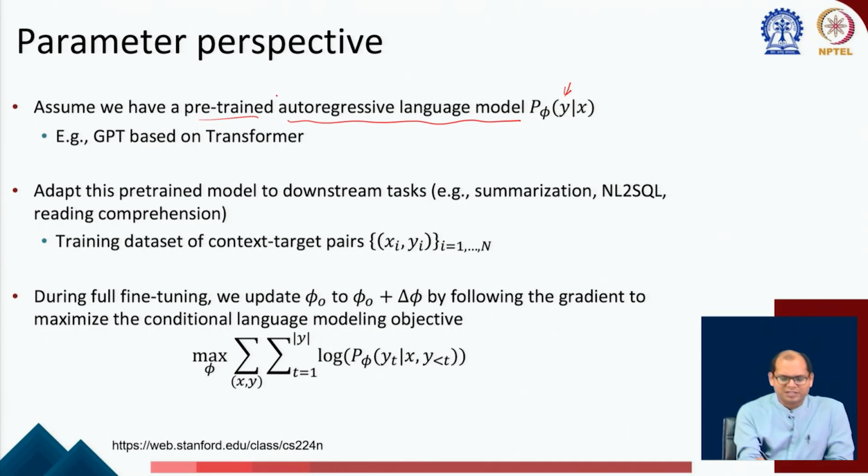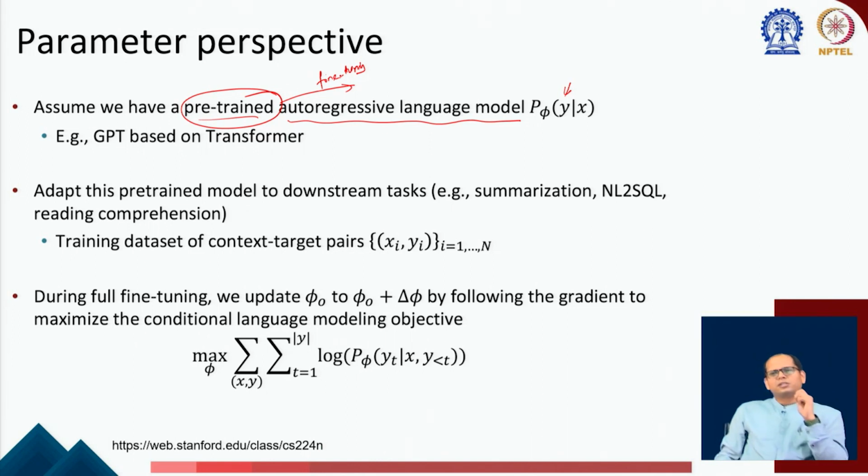What is important is that we are talking about pre-trained models already, and you have to do fine tuning for various applications. We want to adapt it to various downstream tasks like summarization and so on. Now for each task you will have some training data set, with which you can do fine tuning. Like here you have n examples of input output. Given this task input, you have a corresponding output.